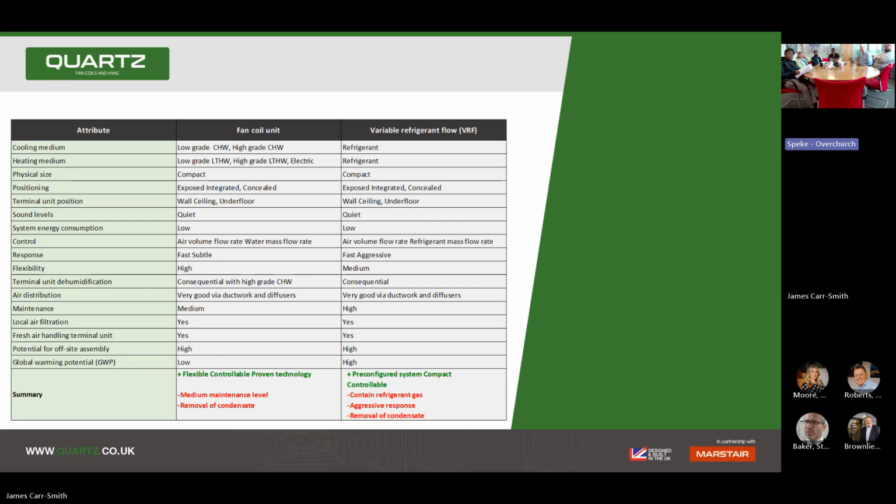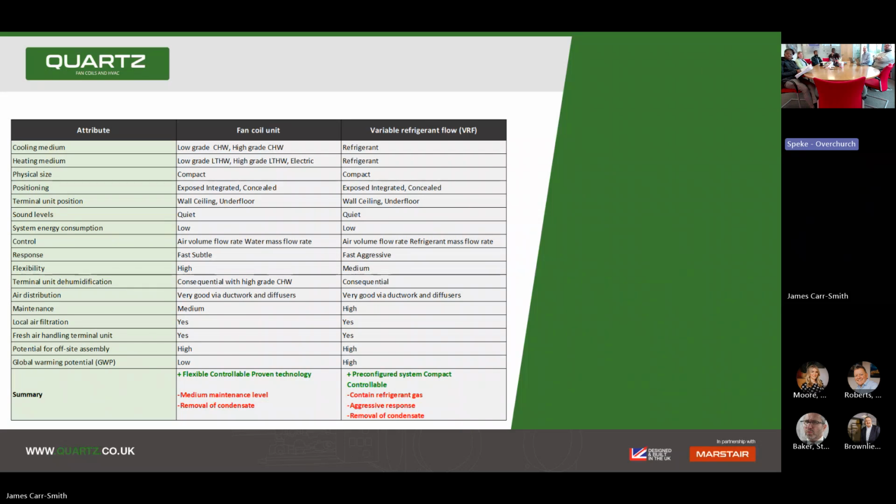I'm not going to go through this slide in detail. You can have a copy of the presentation afterwards. This is not a one-sided view. It is a view that has been raised by FETA. I'm a member of the FETA committee for Fan Coils, and it is openly out there on the website. It has been viewed by people in other FETA groups, so it is a sort of collective perspective.